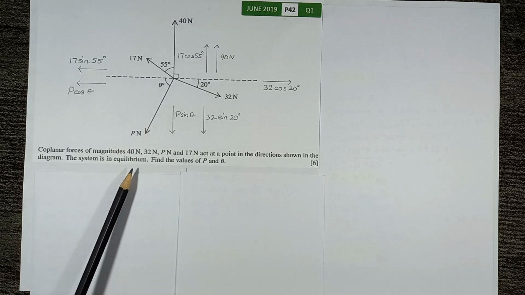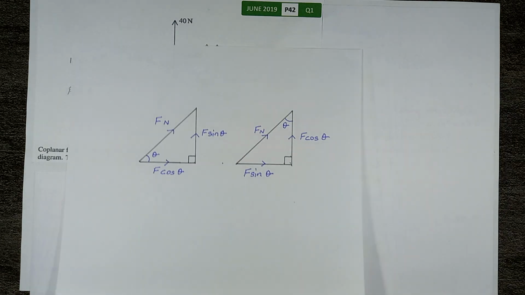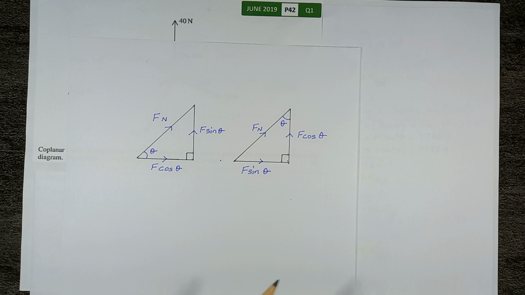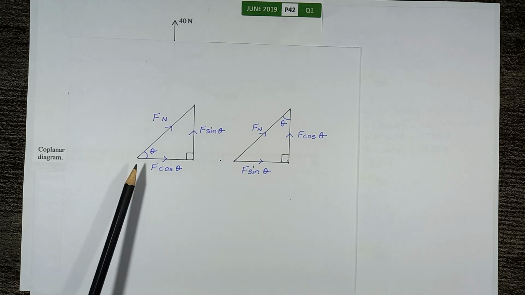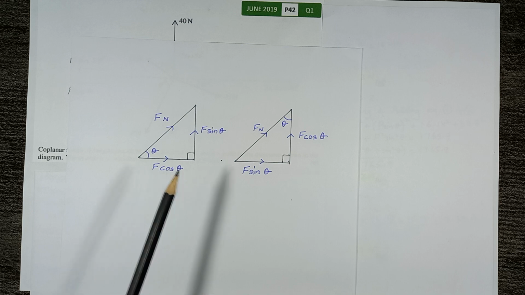Because the condition is an equilibrium condition, definitely we have to work based on opposite forces being equal, but before that we should understand the components. Most of the students, I have seen, have a misconception that the horizontal component is always a cos component. It is not like that.